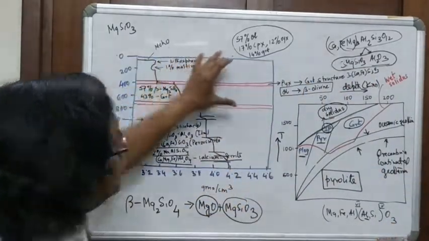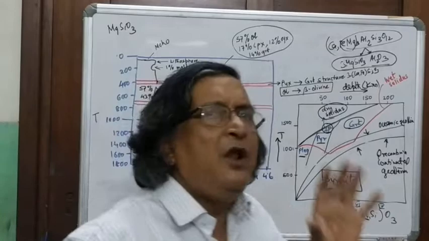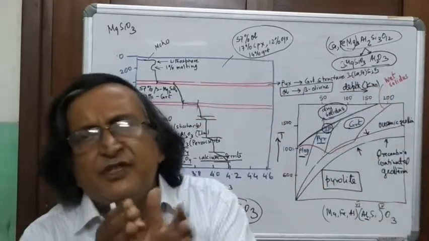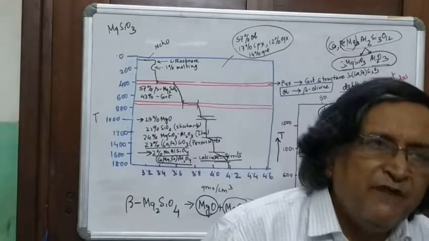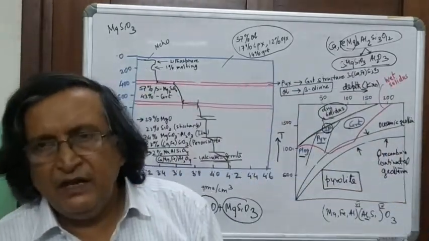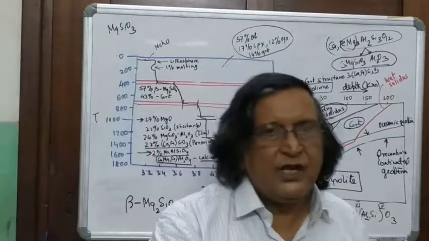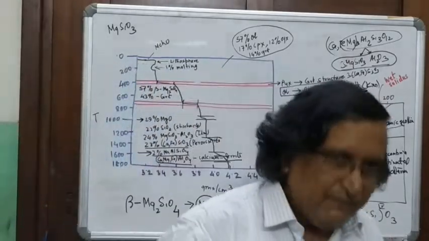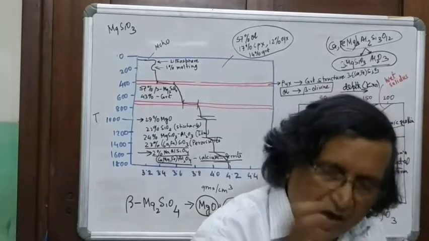But this is more or less well known because it has been worked on so many times. People have converged to certain acceptable values. But if you go to different laboratories, the partition coefficient values they take are not one and the same. They are not exact values; there are variations.